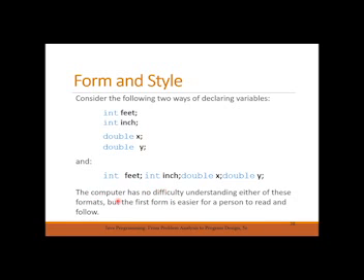Okay, ang sabi dito, the computer has no difficulty understanding either of these formats. But the first form is easier for a person to read and follow. So, kung ganito yung inyong program o yung declaration of variable nyo, paano kapag nagkaroon po tayo ng error sa compiling, magde-debug ka.